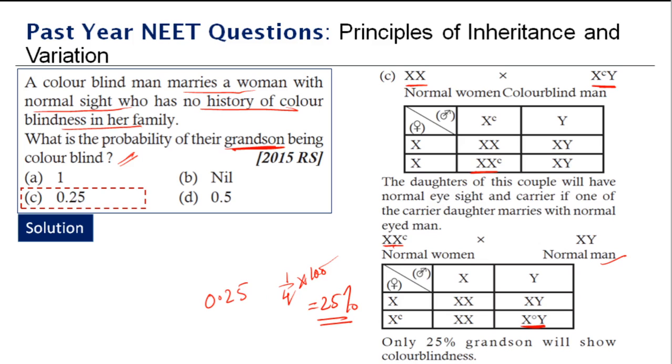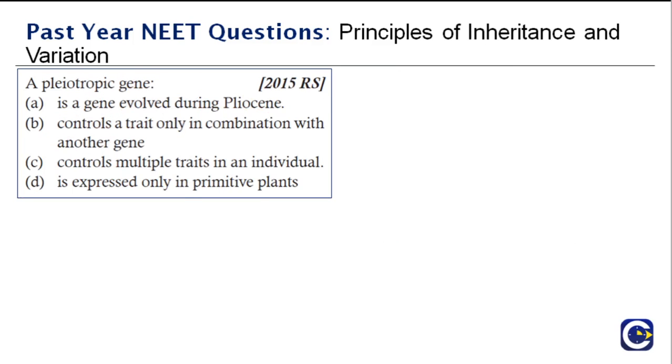So the best approach to answer these questions is always to write it down. A pleiotropic gene. We have seen multiple questions on pleiotropic genes in all the videos. A pleiotropic gene is a gene evolved during Pliocene, or it controls a trait only in combination with other genes, controls multiple traits in an individual, or is expressed only in primitive plants.